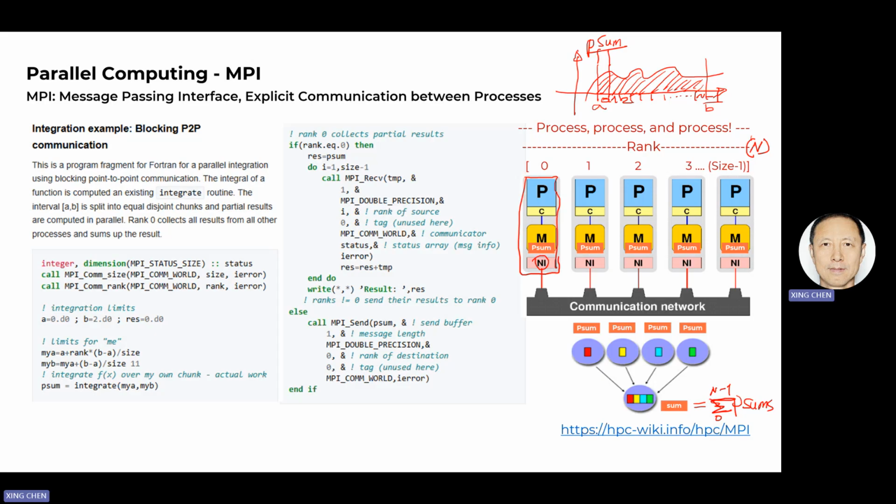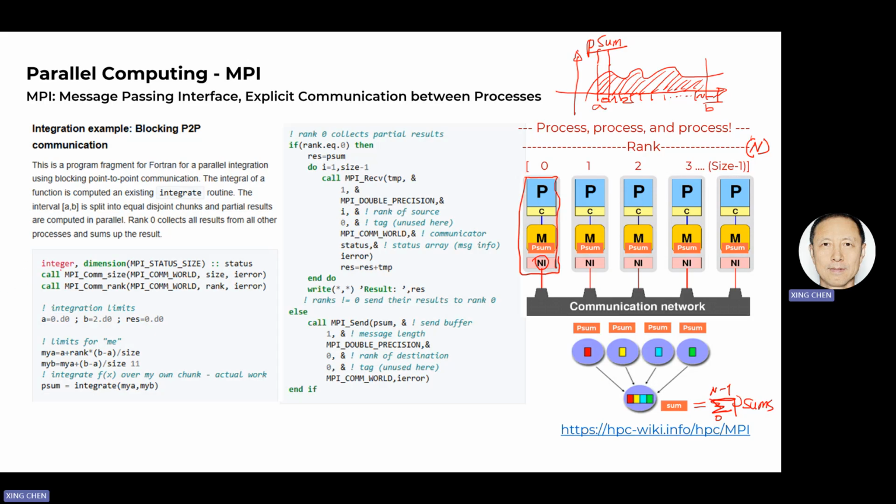Okay, for an MPI program to work, the first thing is that the MPI program needs to call a function which is called MPI initialization.